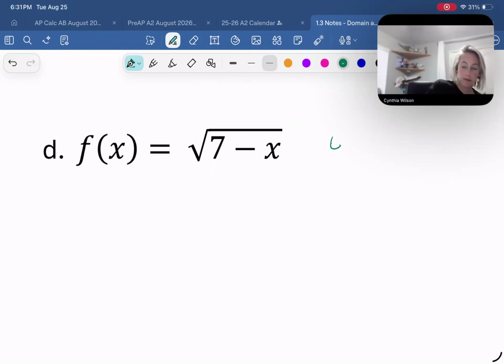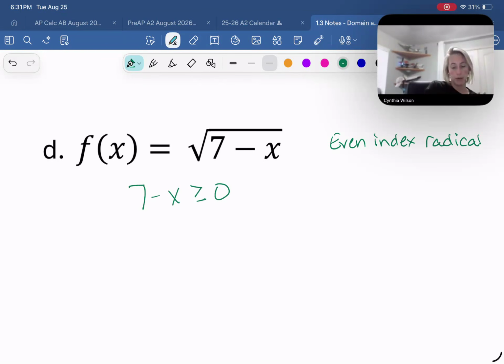So this is an even index radical. So we take the stuff under the radical, 7 minus x, set it greater than or equal to 0. Okay. I'm going to treat this differently than I did example B. All right, I want to keep the variable right where it's at. I want the variable on the left side.